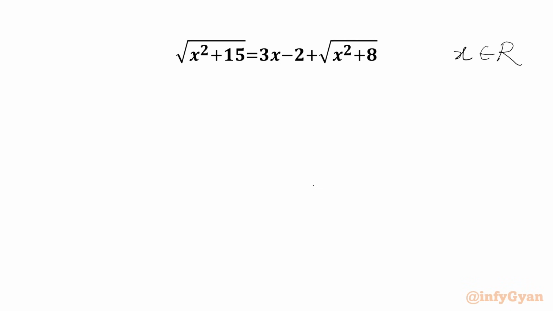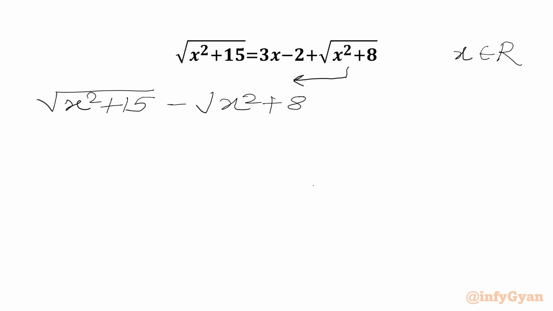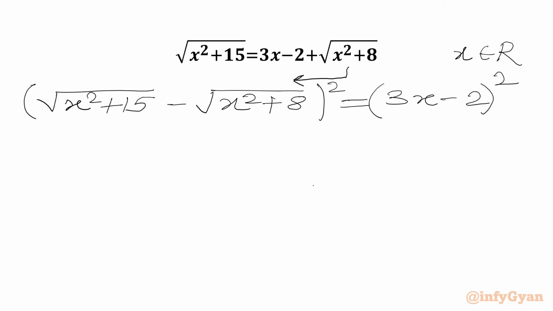Let me demonstrate. Square root of x square plus 8 we will take to the LHS. So we can write the equation as square root of x square plus 15 minus square root of x square plus 8 will be equal to 3x minus 2. Now we'll be squaring both sides. Now we will use the a minus b whole square identity on both sides.